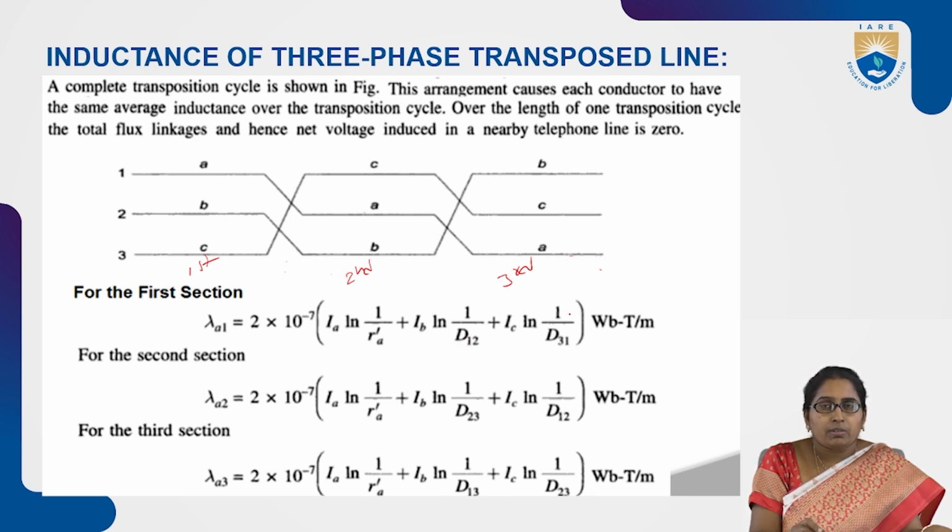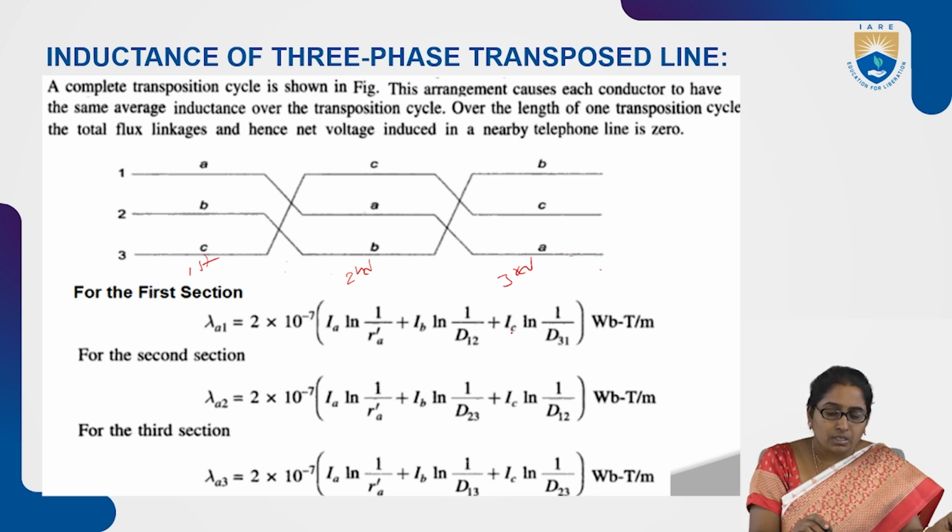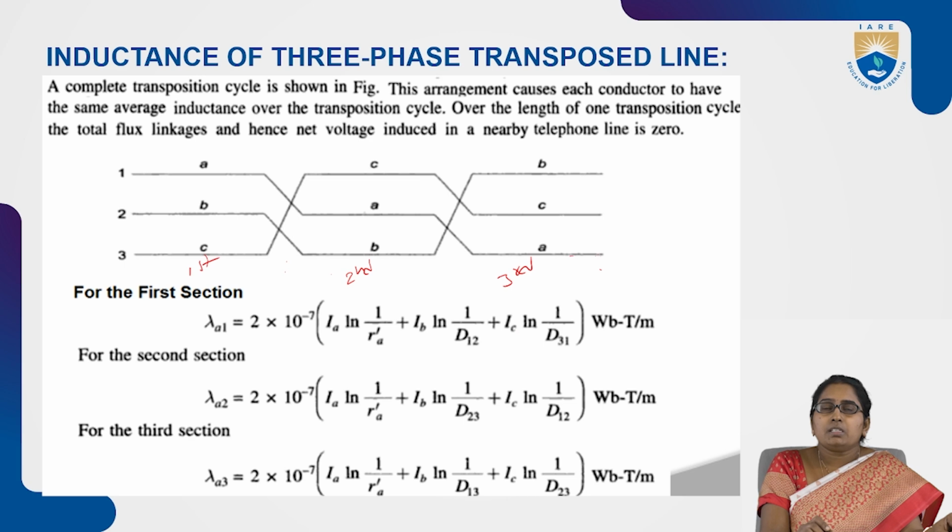From the previous diagram, the distances between the three conductors are shown as D12, D23, D31. Then for conductor C, Ic into log of 1 by D31, in Weber turns per meter.